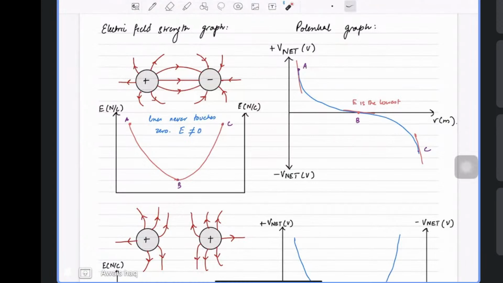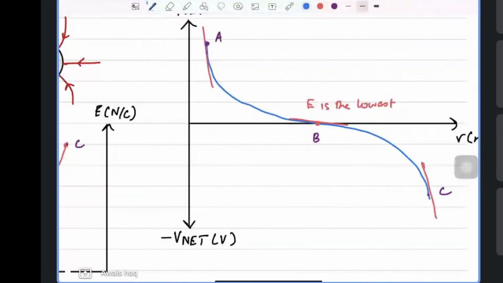Now, one thing that you should remember is that if you look at this graph, all these lines that I've drawn have a negative gradient, because all lines are like this. They all are negative gradient, right?